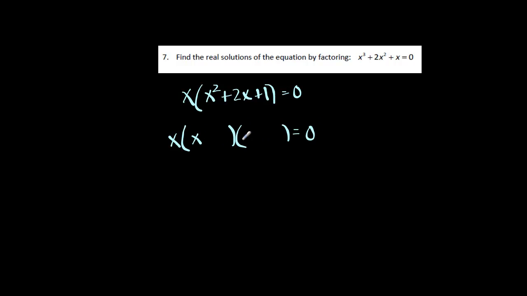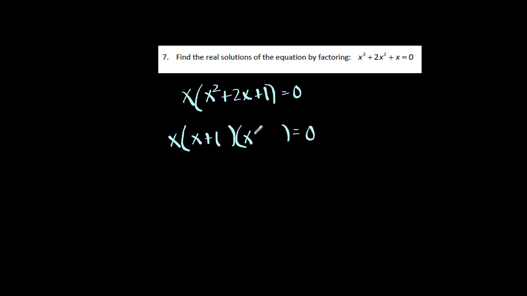Number 7, find the real solutions by factoring. So let's factor out the GCF. It's in order, so the GCF is x. So x times x squared plus 2x plus 1. We can factor this. It's a perfect square trinomial.